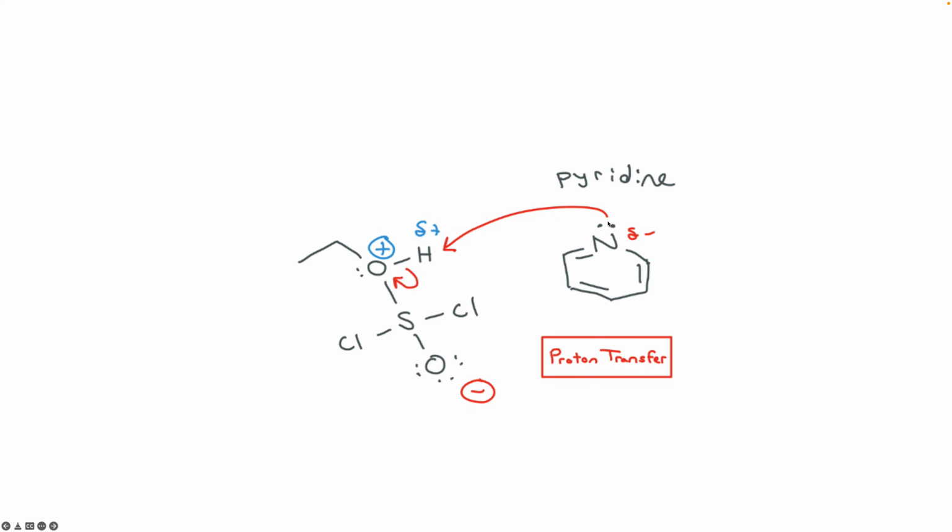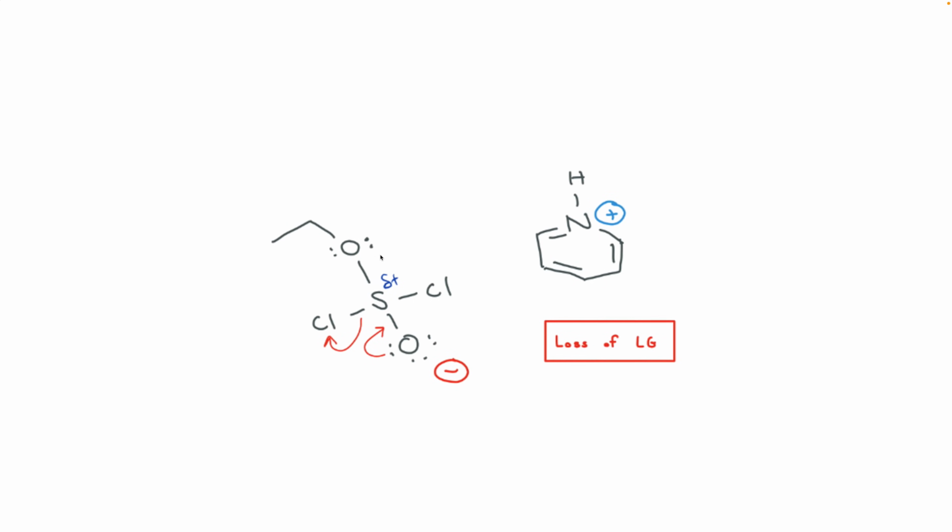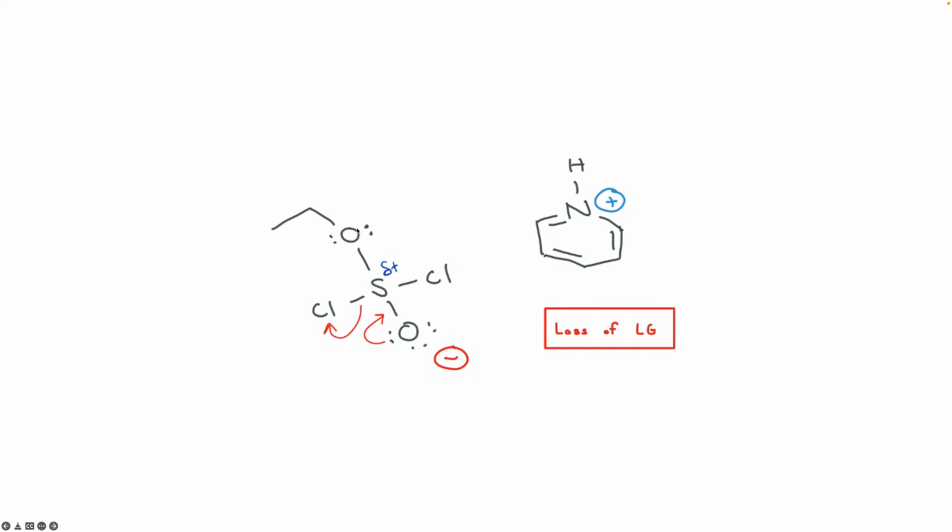The lone pair on the nitrogen can act as a base and accept H pluses. So the pyridine is really here to do a proton transfer, to rip an H plus off of the molecule. The electrons holding onto that hydrogen will snap back to the most electronegative place nearby, this oxygen, and put out that positive charge. So after you do that proton transfer, that oxygen is now stable.